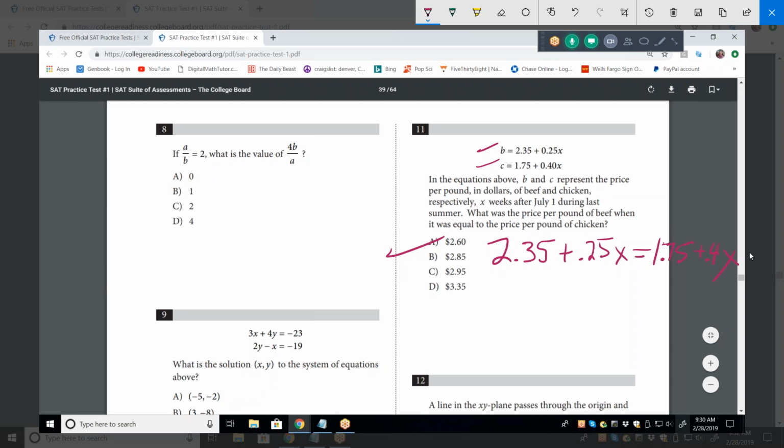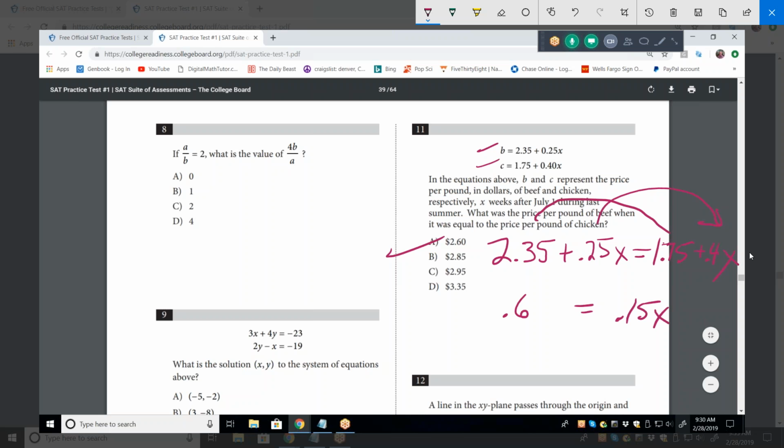Notice that if I move this to the right side by subtracting it from both sides, I end up with 0.15x. And then if I move this number to the left side, I end up with 0.6.